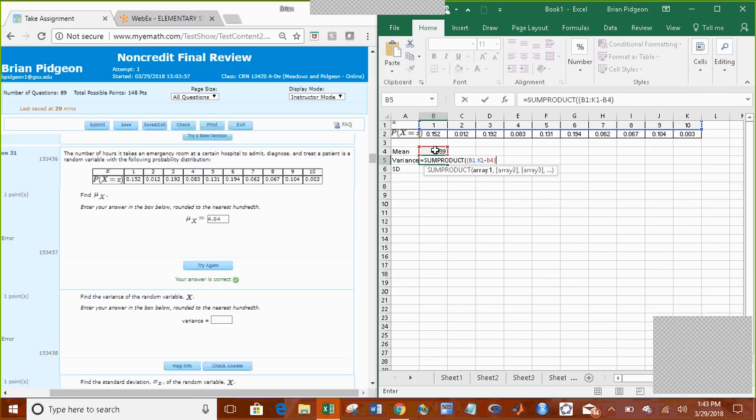Close the parentheses. So we take each x value, subtract the mean, and square it. That is now array 1. Array 1 is our x values minus the mean squared, and array 2 is just the p values. And so our variance, rounded to 2 decimal places, is 6.15.